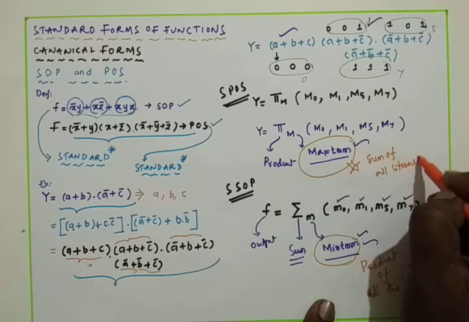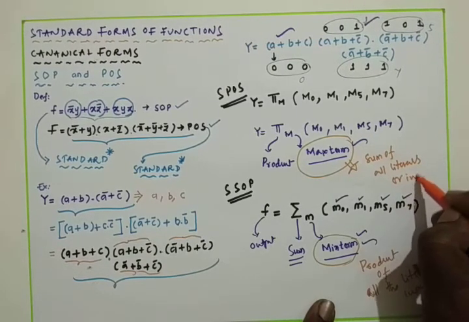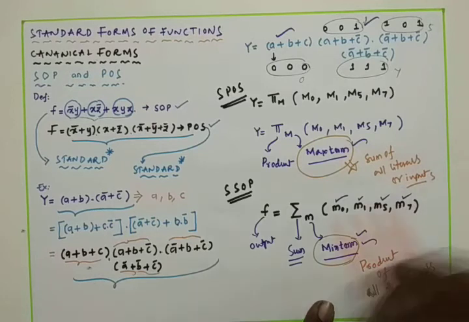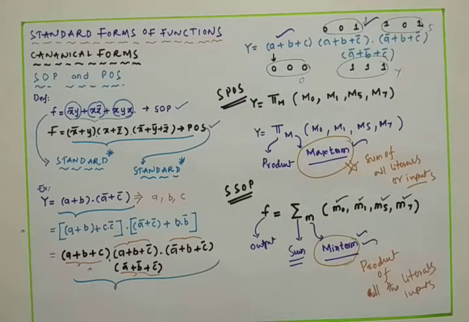All the literals are inputs in the POS. Likewise, we can differentiate sum of product and product of sum. By solving one more problem, I am going to complete the standard form of SOP and standard form of POS by taking one example.